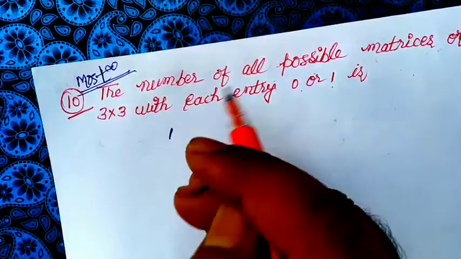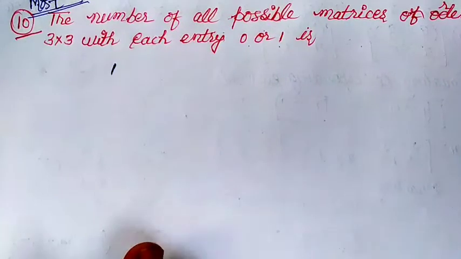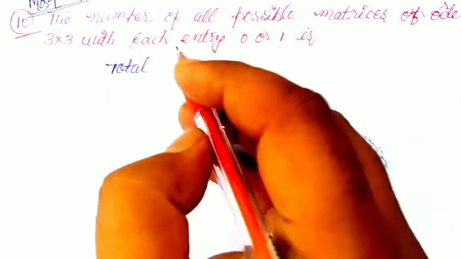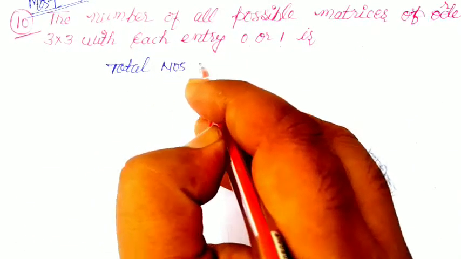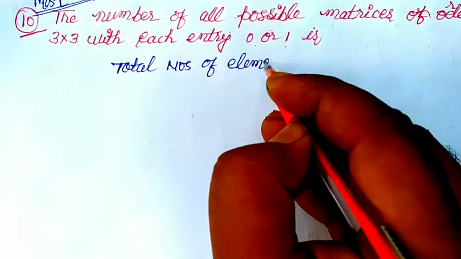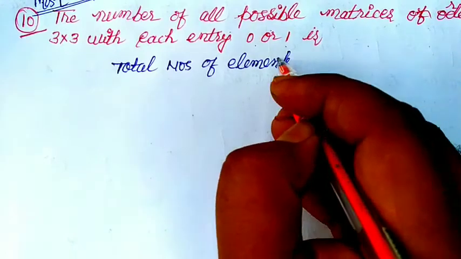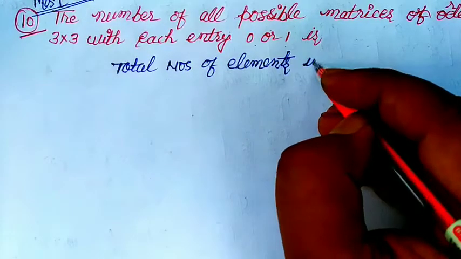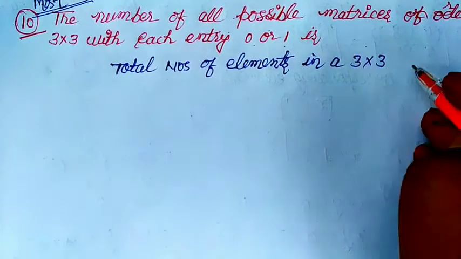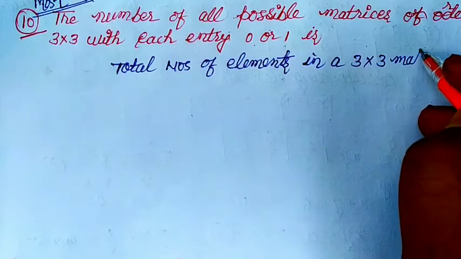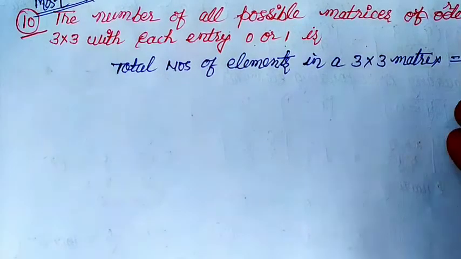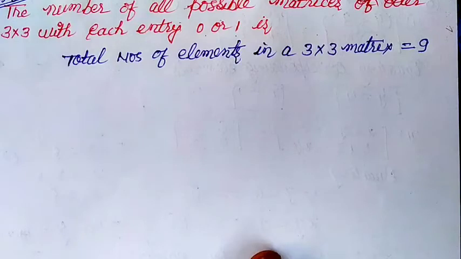Let's find the total number of elements in a 3 by 3 matrix. We have 9, 3 threes are 9, isn't it?